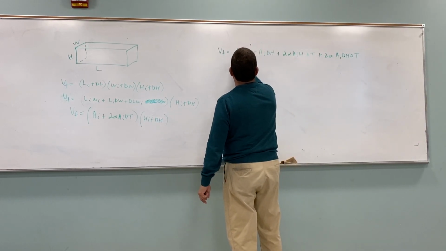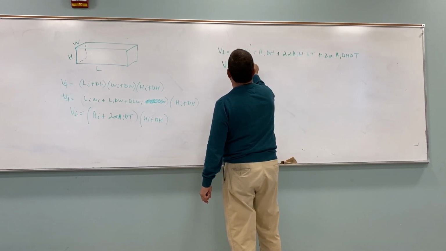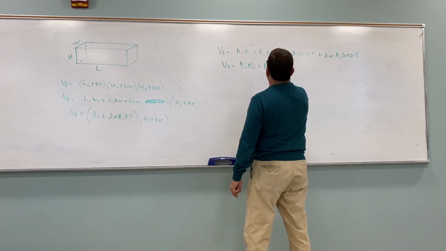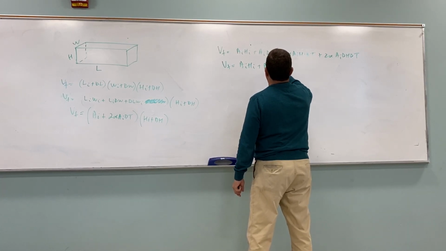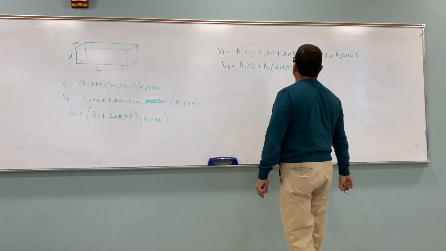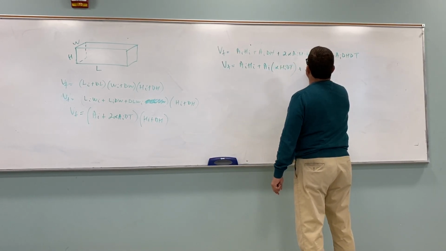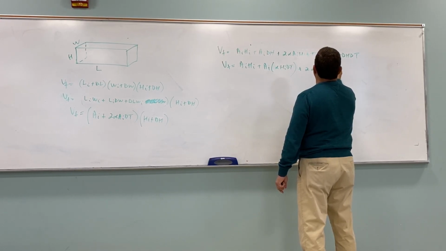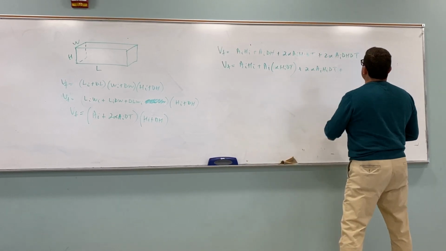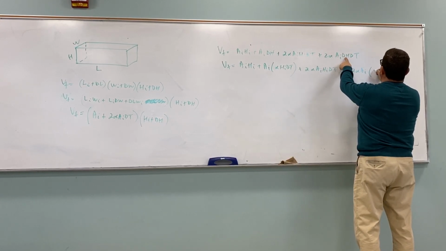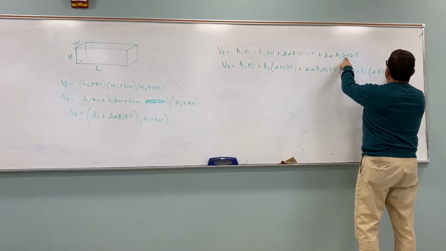Then you're going to get here A initial, H initial plus A initial delta H is going to be, no, sorry, not 2, it's going to be alpha H initial delta T plus 2 alpha A initial H initial delta T plus 2 alpha A initial, and then delta H is going to be alpha H initial delta T times delta T.